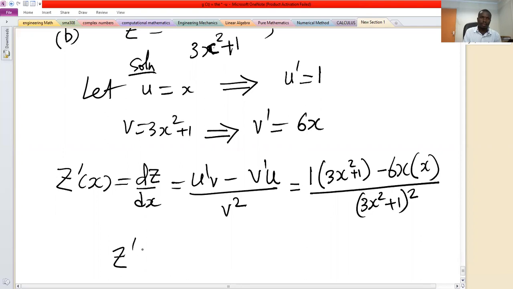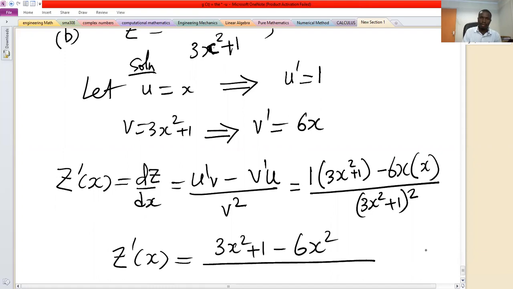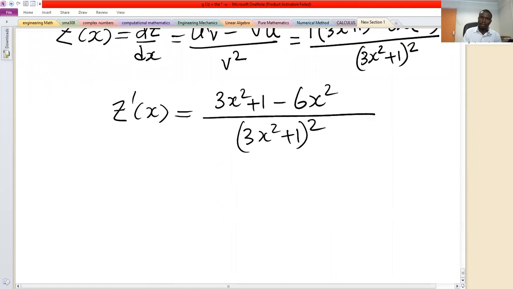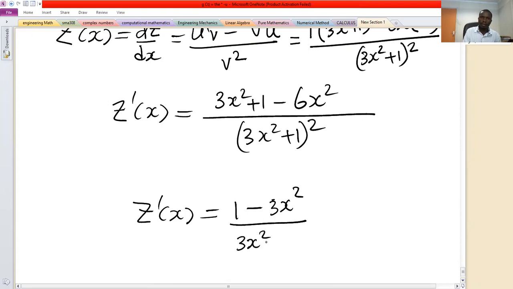So z prime of x is (3x squared plus 1 minus 6x squared) over (3x squared plus 1) squared. So z prime of x will be (1 minus 3x squared) over (3x squared plus 1) squared.